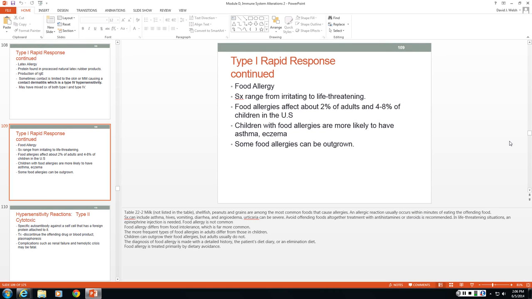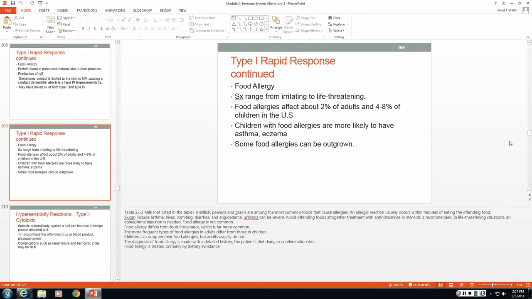Symptoms can include asthma, hives, vomiting, diarrhea, angioedema, urticaria. It can be severe, so the person needs to avoid the offending foods altogether. Treatment is usually done with antihistamines or steroids. If it's a life-threatening situation, then the epi injection is needed.